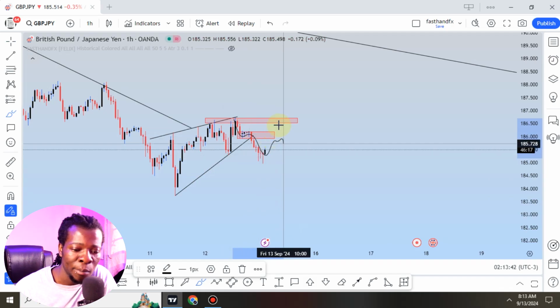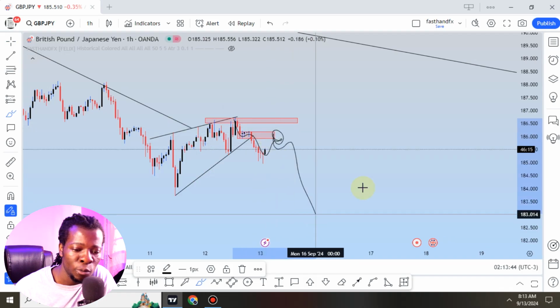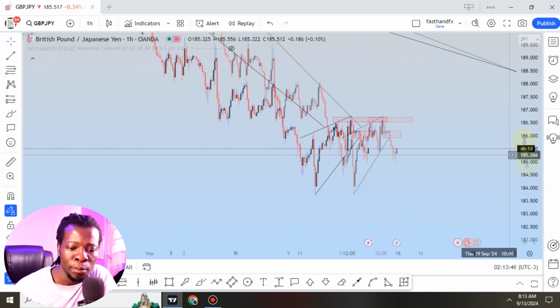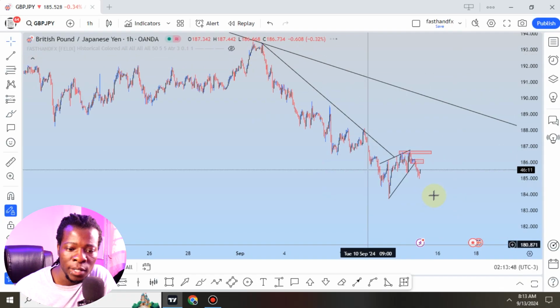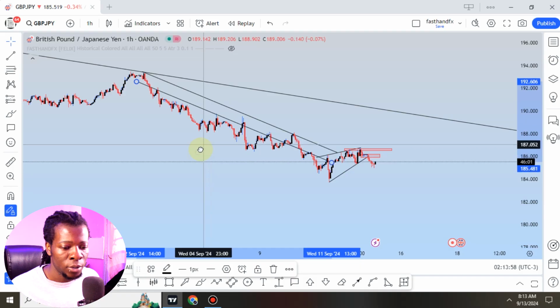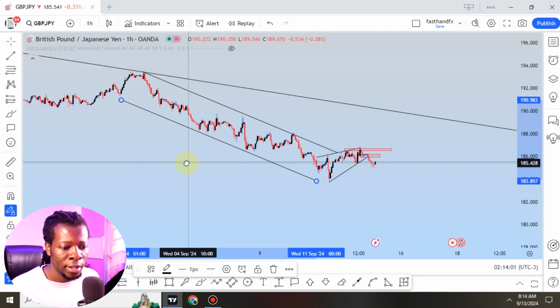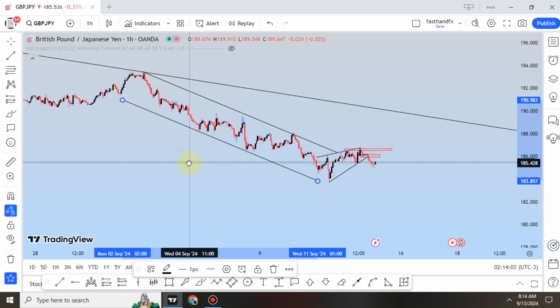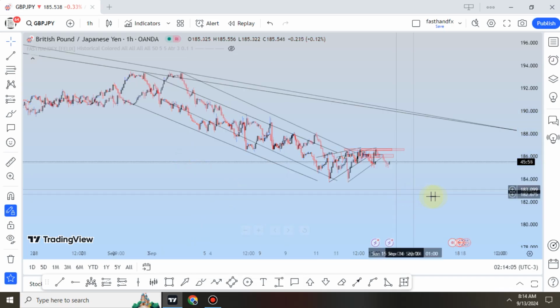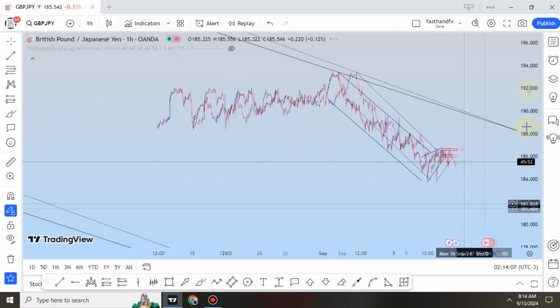If we see how price reacts around this level, then we should be looking for our sell position, right? Because taking a buy right now is kind of risky, because everything I see is still in a downtrend. So I should not be looking for buys. Any buys that I see are probably just a pullback. Correct.